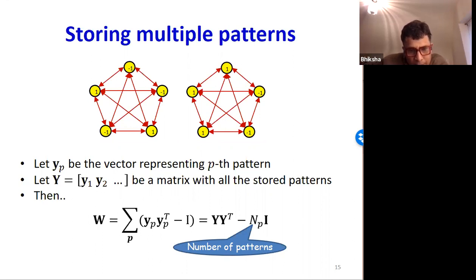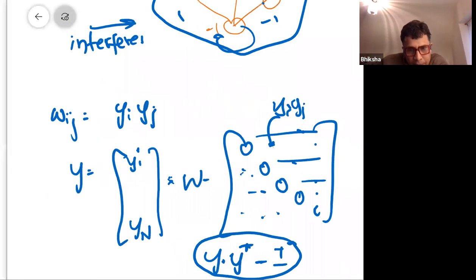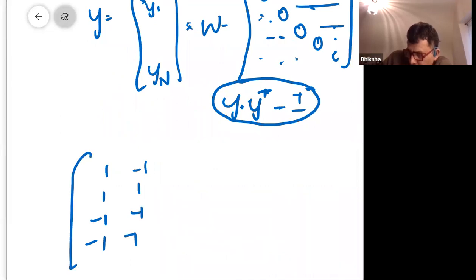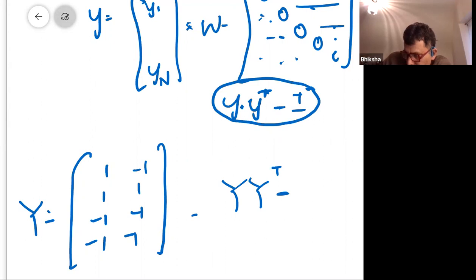Now, let's say I have two patterns, 1, 1, minus 1, minus 1, and minus 1, 1, minus 1, minus 1. I can put both of these patterns into a single matrix, and the weight matrix equation simply becomes Y times Y transpose minus 2I, okay?